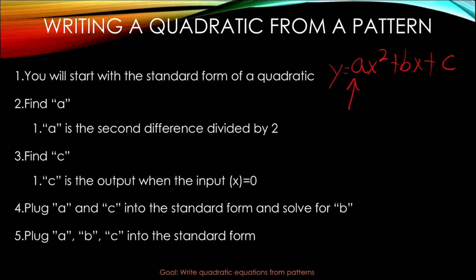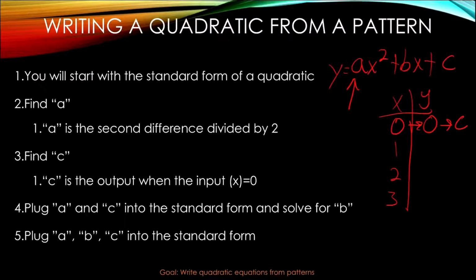Okay, the next one is to find our c value, which is just the output when the input is 0. How we're going to be doing this, and you'll see on this next slide, is we're going to be given some pattern. We're going to go backwards to find what this 0 is, because this is also going to be my c value.